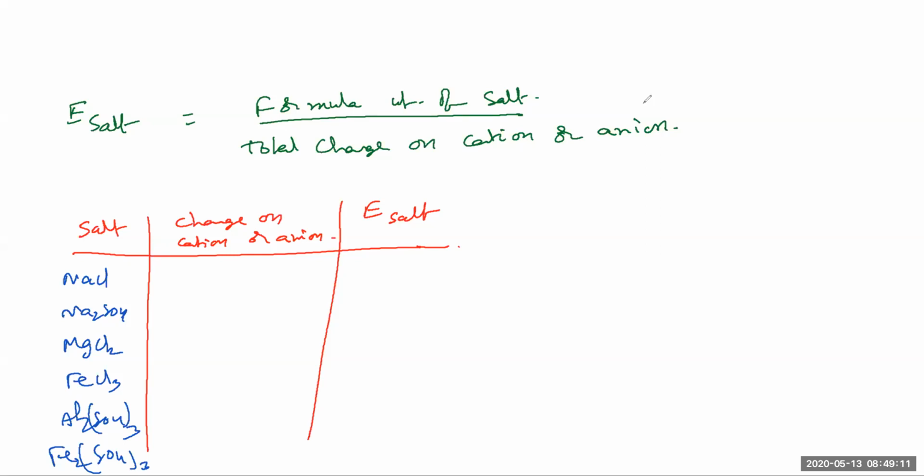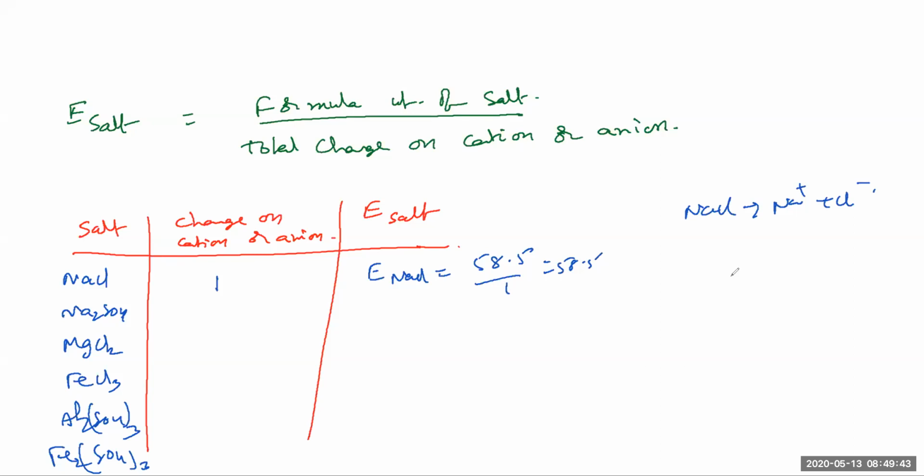Charge means irrespective of sign you have to take. NaCl dissociates as Na plus and Cl minus. So irrespective of sign, what is the charge on cation? 1. And the charge on anion? 1. So 1 only you have to consider. Then equivalent mass of NaCl is equal to 58.5 by 1, that is 58.5. Yes, next.